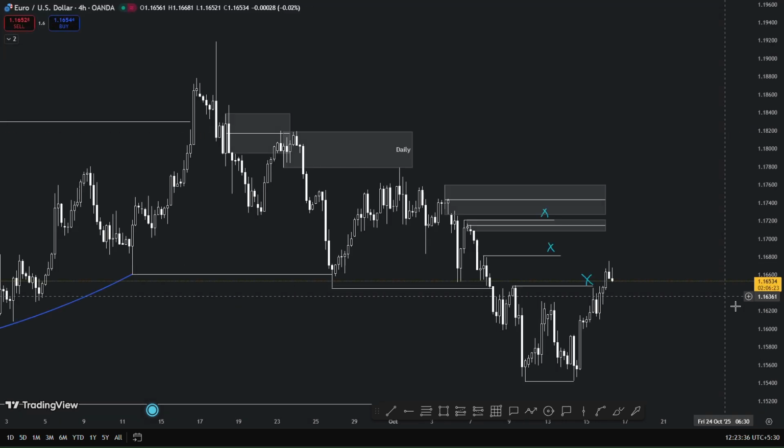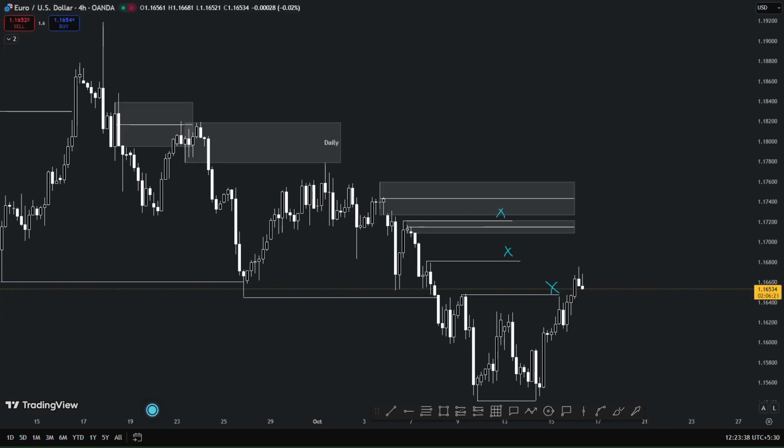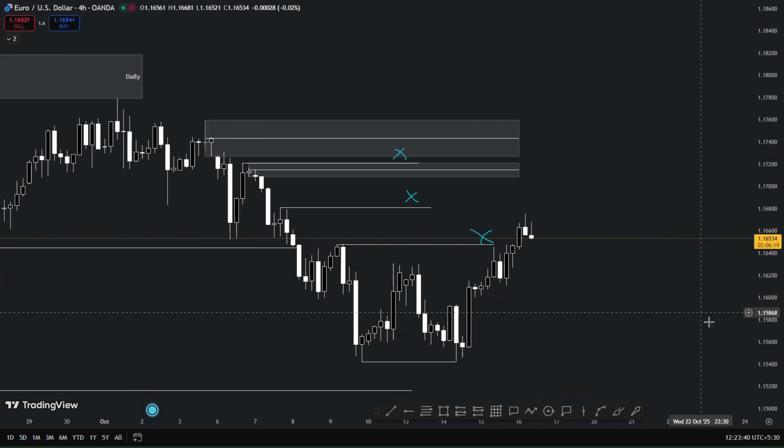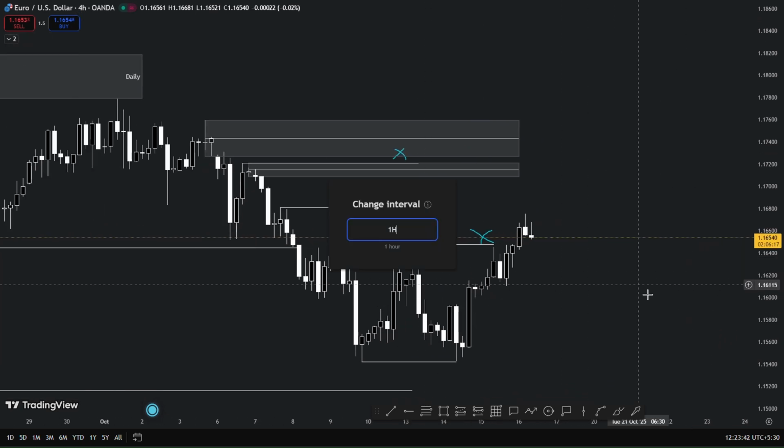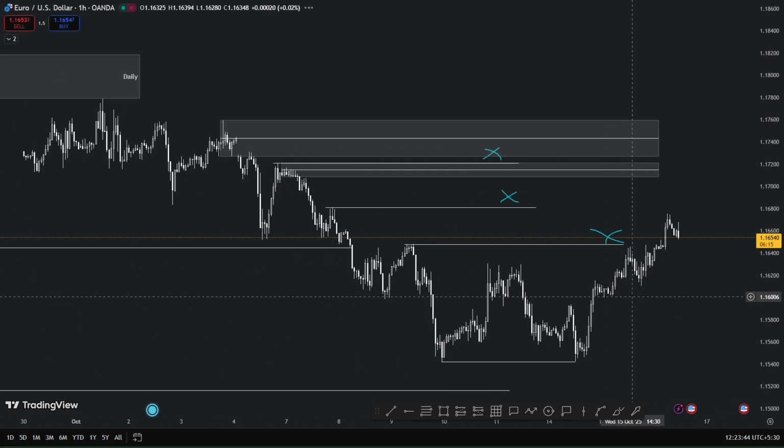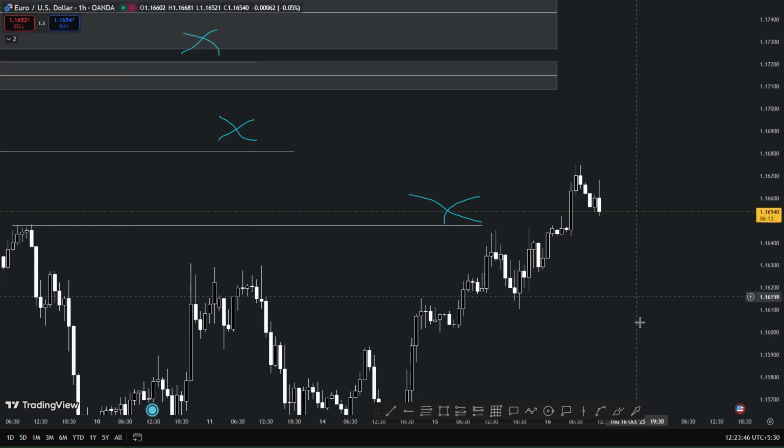And on Euro USD, as for longs, let me show you. So this was, you can say, a nice quick scalp long setup. After this liquidity sweep, we could have looked for longs.